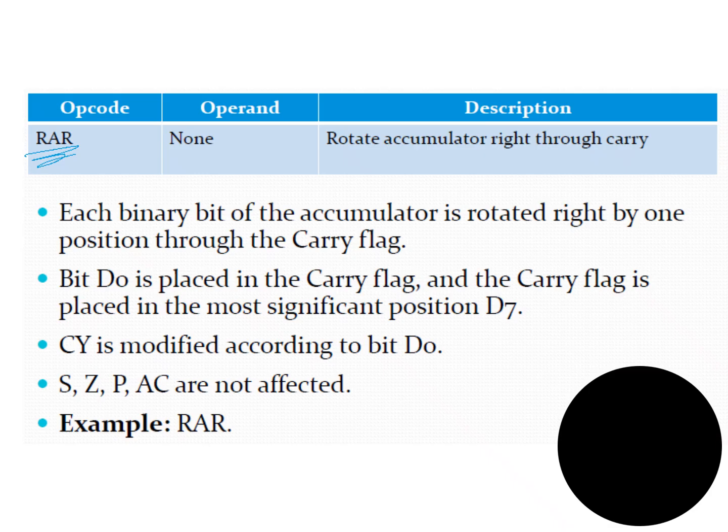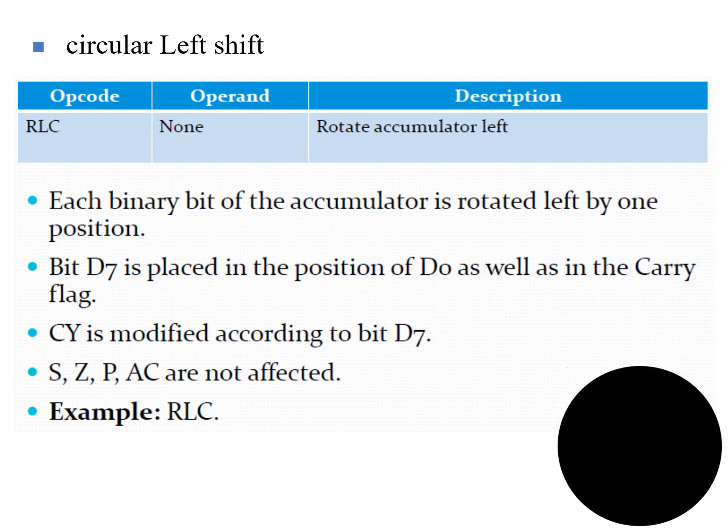Here RAR means the bits will be shifted right by one position along with the carry flag, shifting the bit positions one by one through the carry value. RAL means shifting the bit positions left by 1 along with the carry value to the left-hand side.